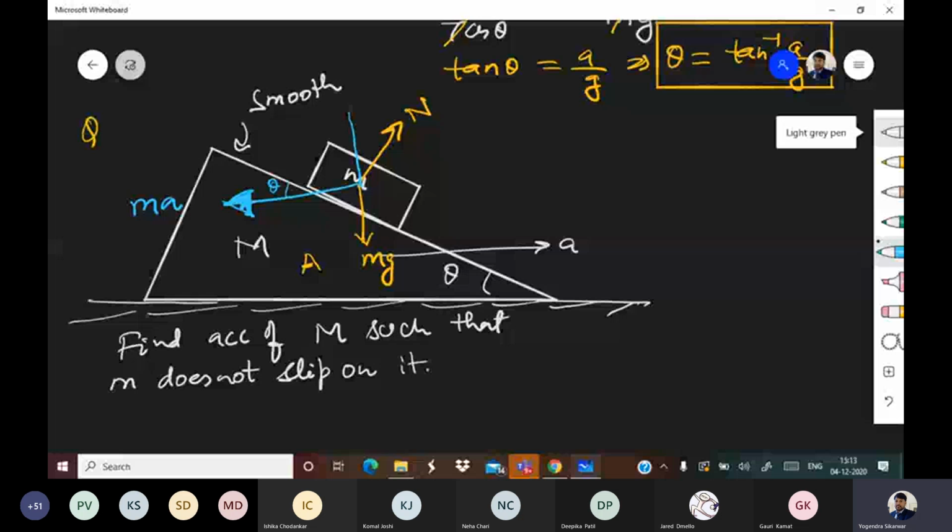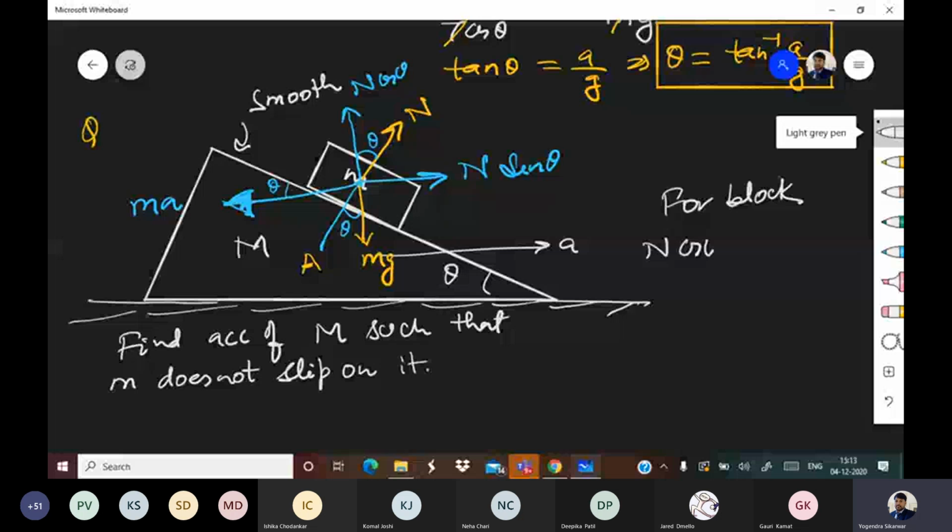So vertically it will be N cos theta, horizontally it will be N sin theta. So for the block, N cos theta, which is vertically, minus small mg is equal to 0, which is equation number 1.